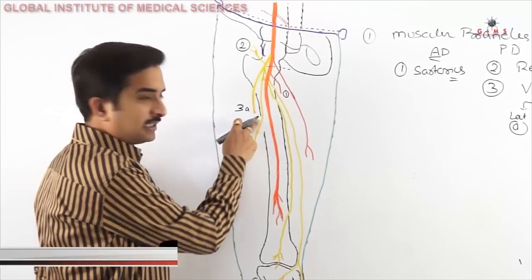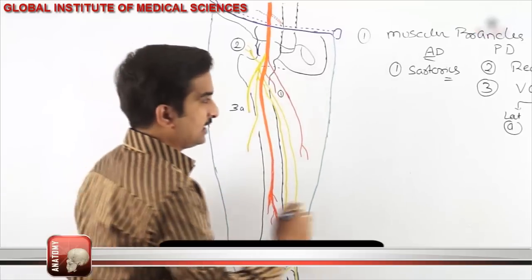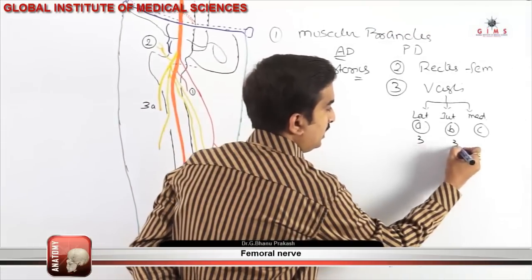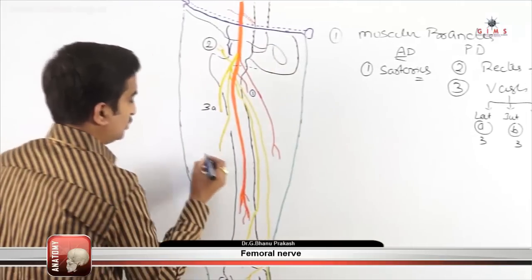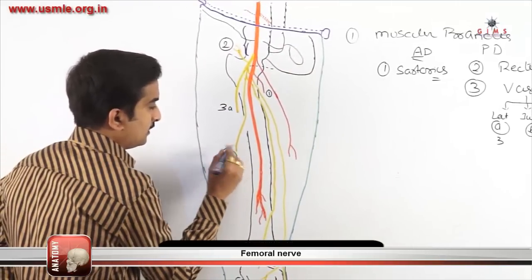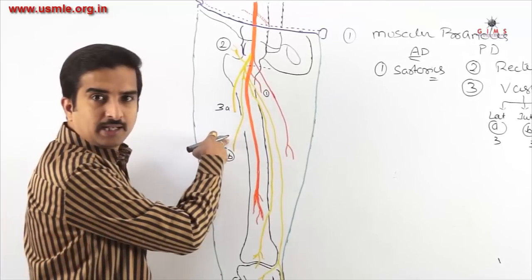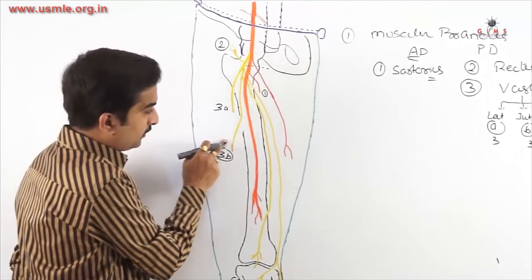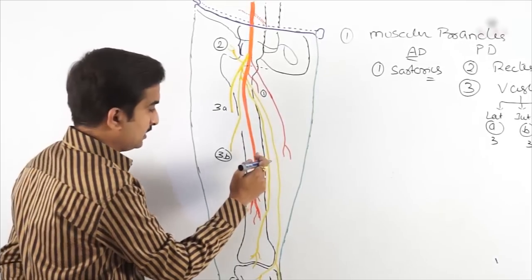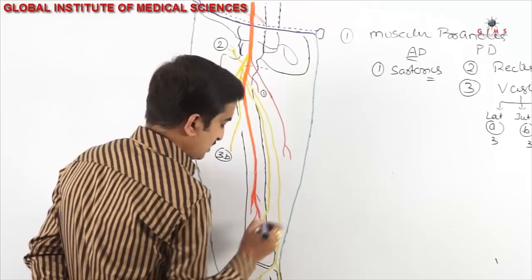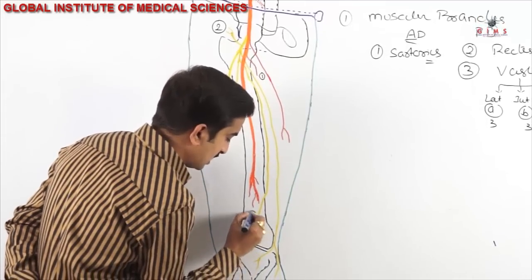After vastus lateralis, the middle one is called 3B, right? So it is the vastus intermedius. And afterwards you can see the medial one, that is, I will mention it as 3C here.